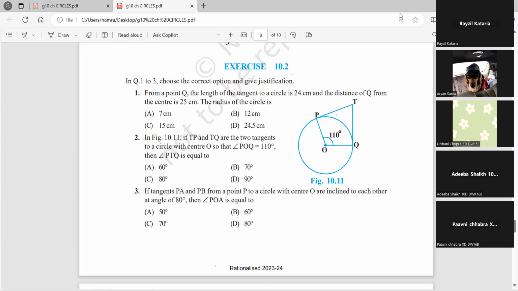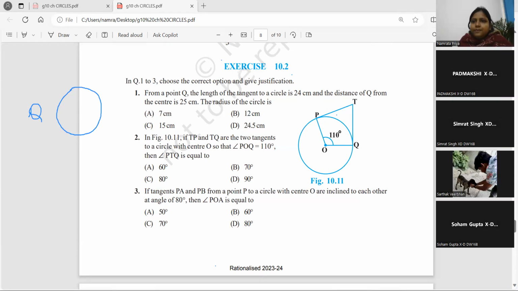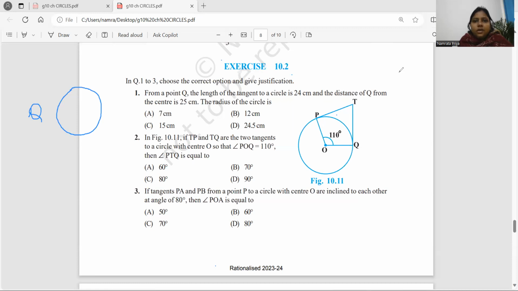The figure is not drawn, so I'm drawing the figure. To a circle, from a point Q that is outside the circle, the length of the tangent is 24 centimeters. So this is 24 centimeter.